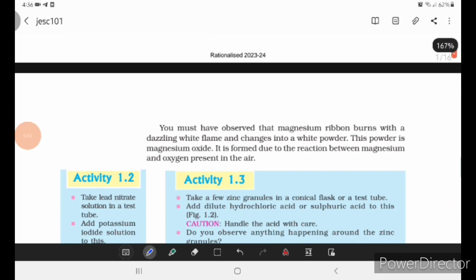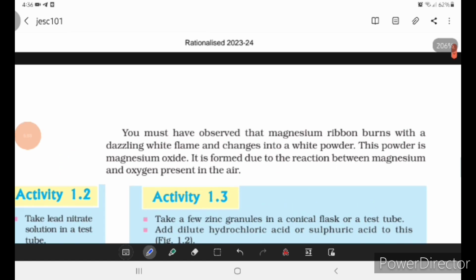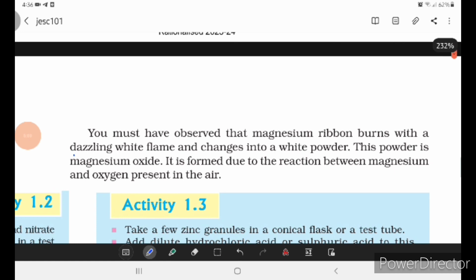Okay. You must have observed that the magnesium ribbon burns with a dazzling white flame and changes into a white powder. This powder is nothing but magnesium oxide. It is formed due to the reaction between the magnesium and oxygen present in the air.